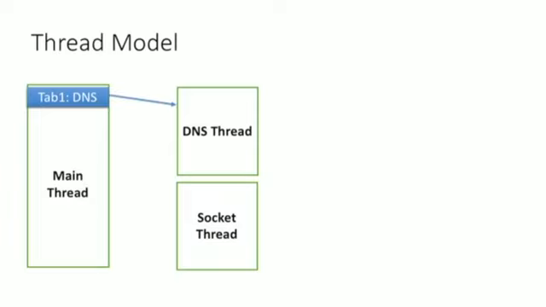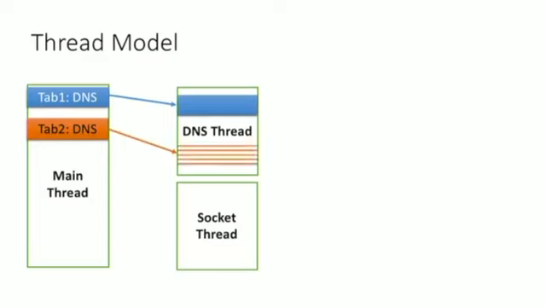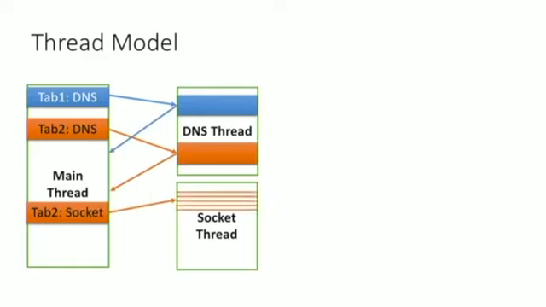First, DNS, right? When you type the URL, it will first query the DNS. It will actually send one query to the DNS thread. The DNS thread will perform the querying and return the results. If you are using different tabs, the different tabs will all post events to the DNS thread. And when they return, it will start to load.